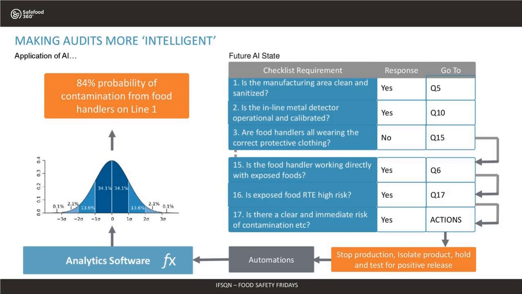So, for example, if you had enough data, it's effectively a very, very rudimentary algorithm, you could start over time building up the capacity to state events in this format here. So we know, based on lots of data on this issue, that there's now an 84% probability of contamination of food handlers on line 1.